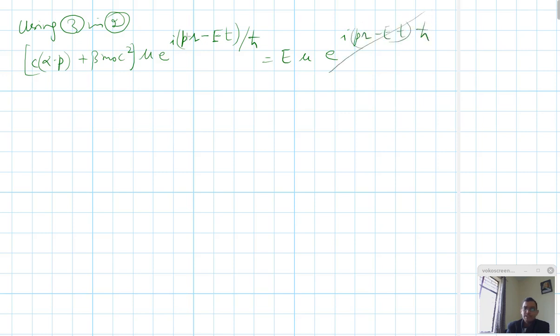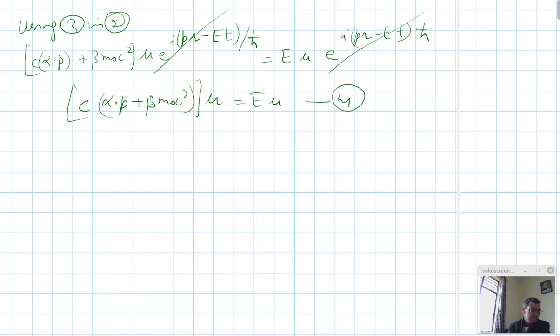So this part will cancel out and we will remain with the equation c alpha dot p plus beta m naught c square, u, must be equal to E u. Let me call this equation number 4.